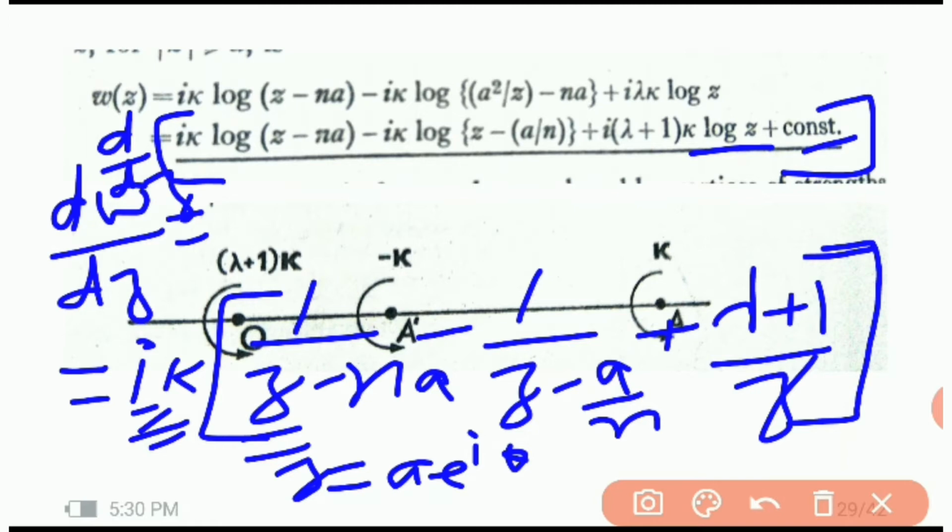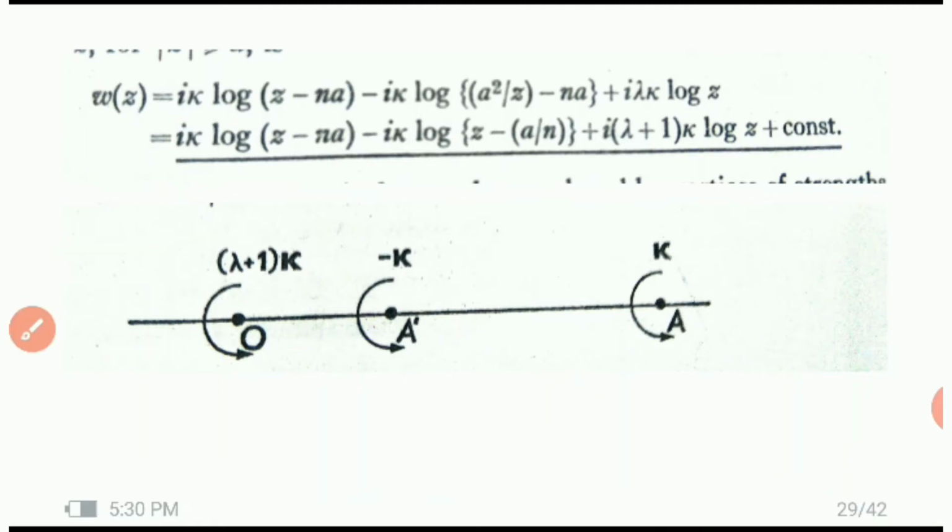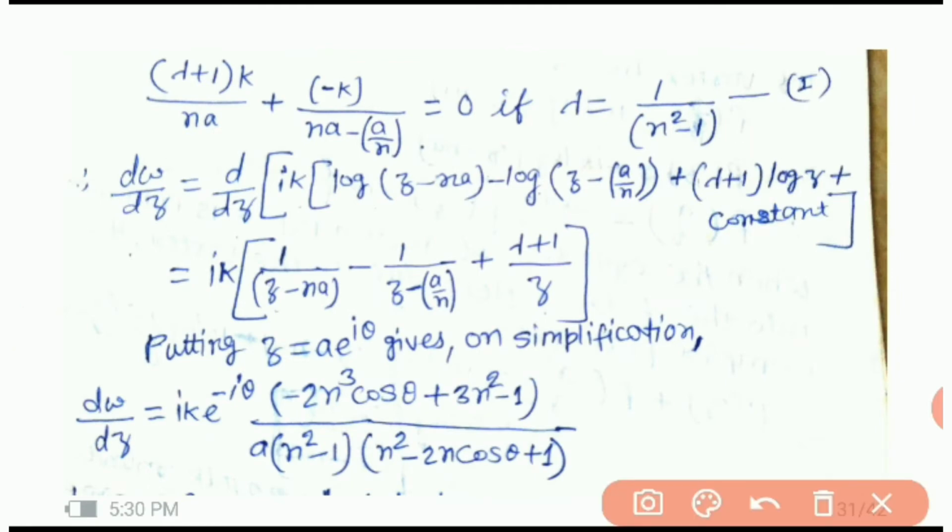So this gives, on simplification, dw by dz is equal to ik as it is here, and putting z equal to e to the power iθ in this equation, we get, after simplification, ik e^(−iθ) − 2n³ cos θ + (3n² − 1)/a in bracket (n² − 1)(n² − 2n cos θ + 1). And therefore, what do you get?